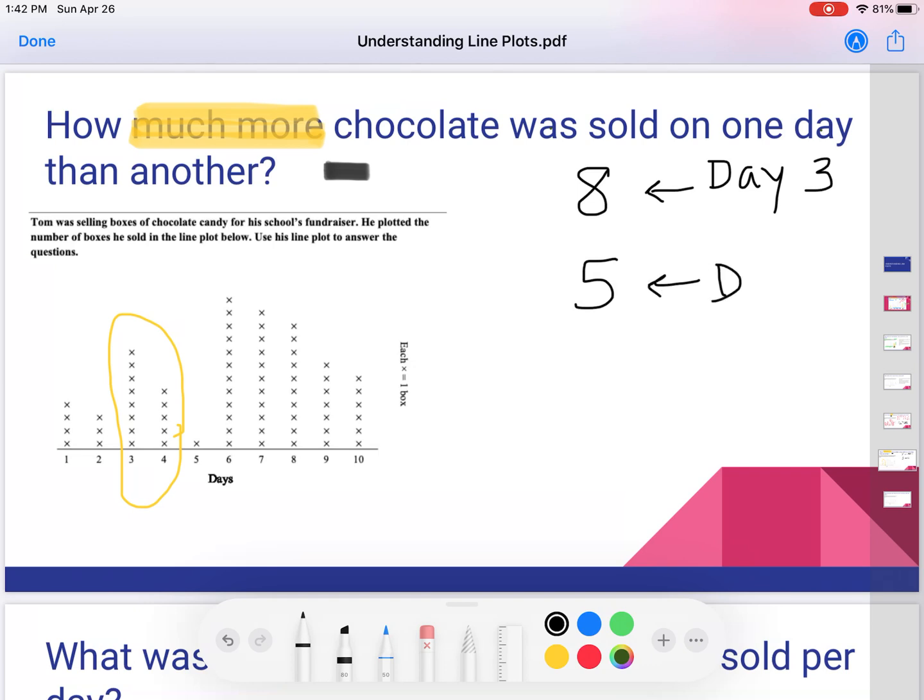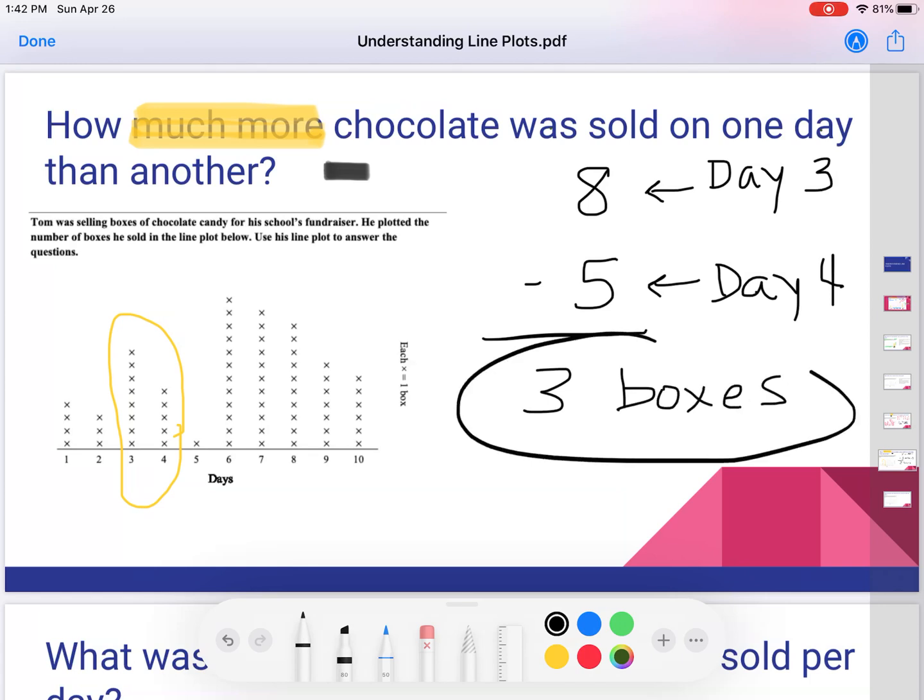If so, you're right. And now we know, based on the phrase much more, that we're going to have to subtract these two. So how many more boxes did Tom sell on day 3 than on day 4? Did you say 3 boxes? If so, you're correct.